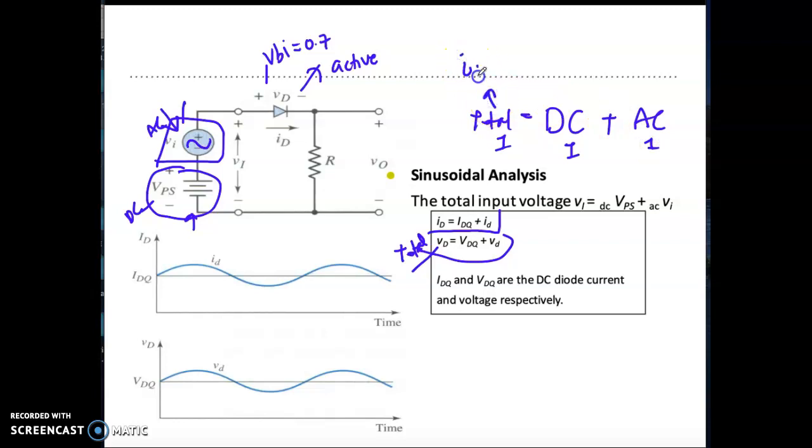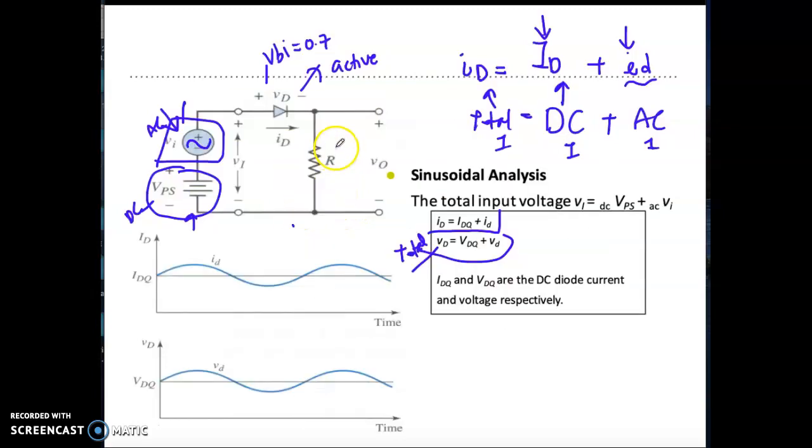This one is small and capital. DC current, everything must be capital. AC, everything must be small. Can you interchange it? No, because the capital and the small letter need to be correct. So when you do DC analysis, you focus on all capital. When you do AC analysis, all your notation needs to be small. And your source needs to have one DC and one AC. Okay?